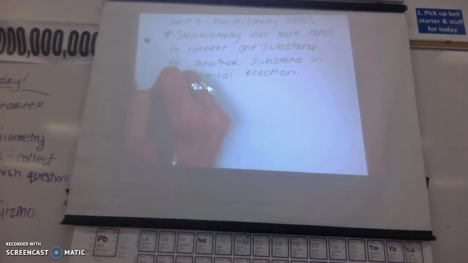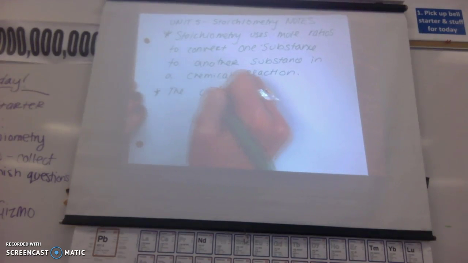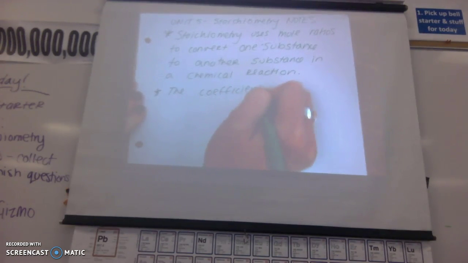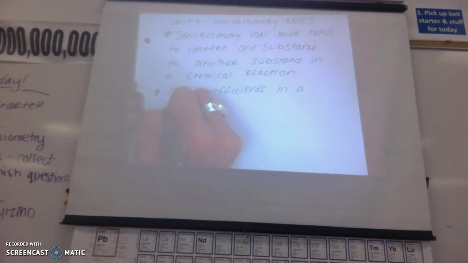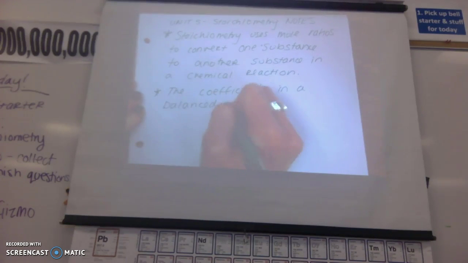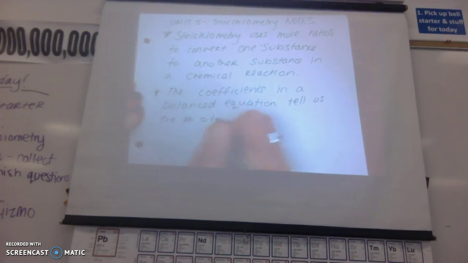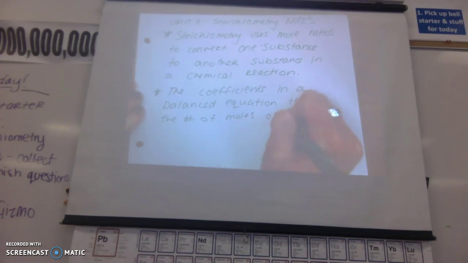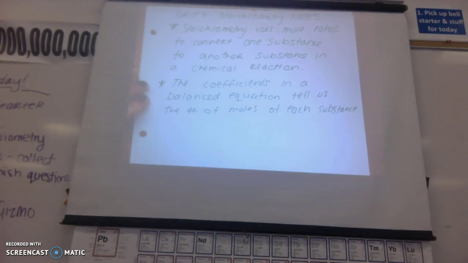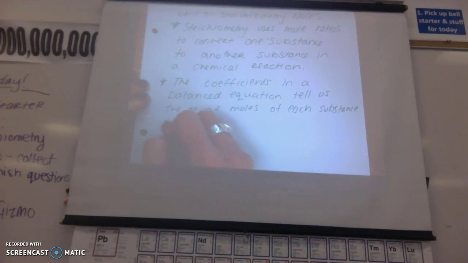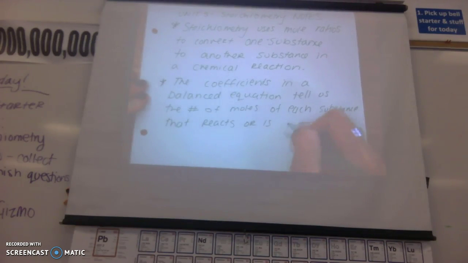So the coefficients in a balanced equation tell us the number of moles of each substance that reacts or is produced.